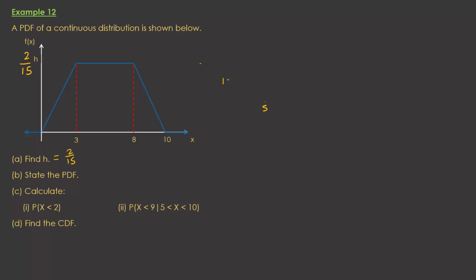Let's just make some space for the rest of our working. We want to state the PDF, so we need to know the equation of this section of line. We've just said that the height is 2/15, and we can see this is 3 across, and therefore the gradient there is going to be 2/15 divided by 3, which is 2 over 45.